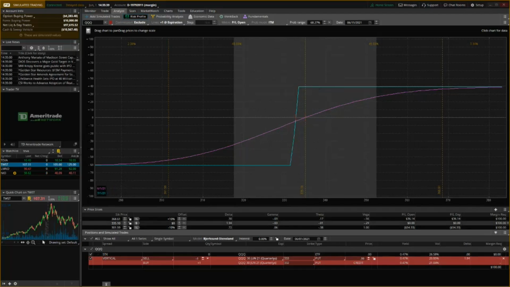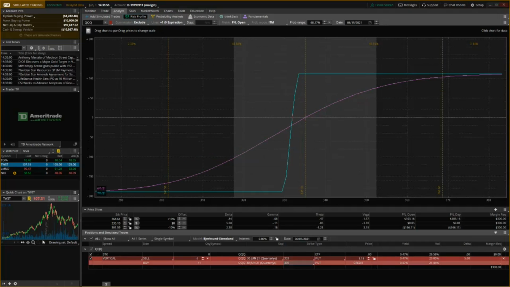Now you can play with it. You don't have to hedge yourself so closely, and you can say, okay, I want to earn a little bit more money, and I don't care if I lose a little bit more. So I don't have to hedge it on 332. I can hedge it on, let's say, 330. This way I'm going to get a higher credit of 1.11. That's $111.